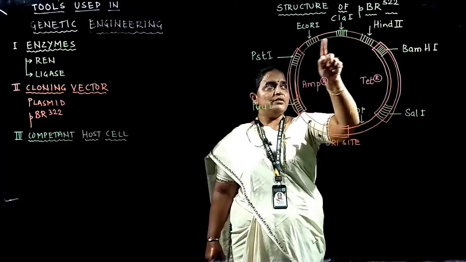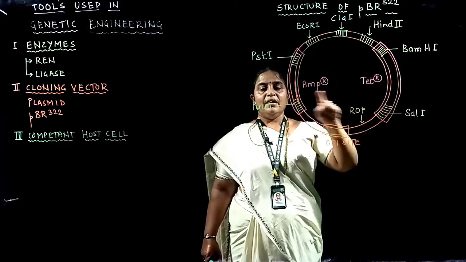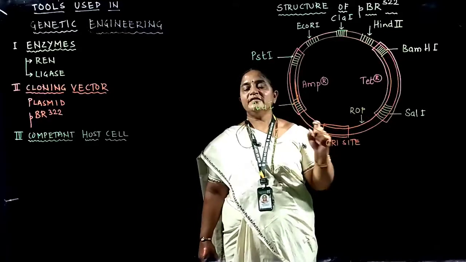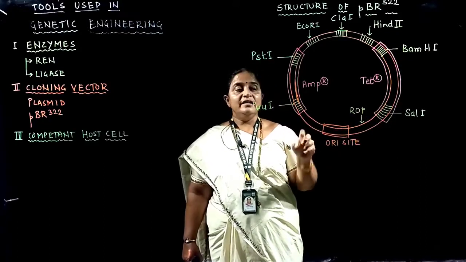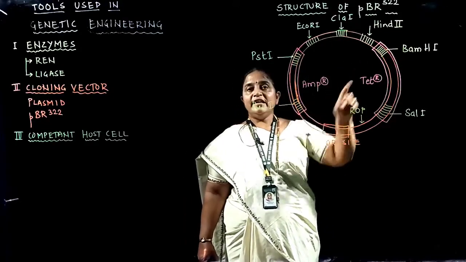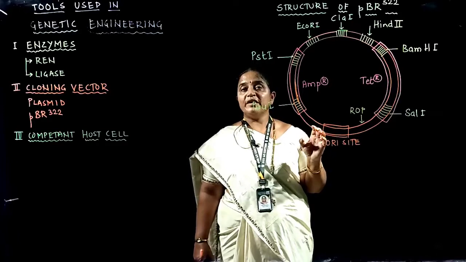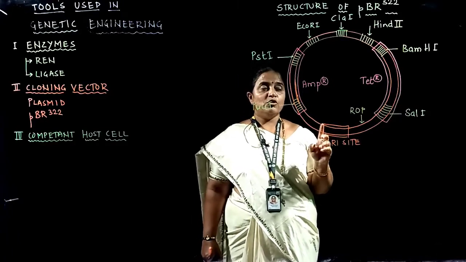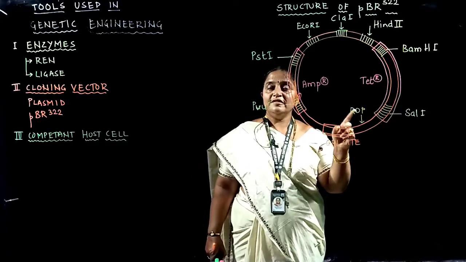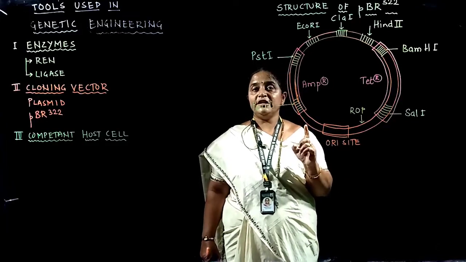So whatever I have shown in green color and these labelings, the labelings are of RENs, and these green lines indicate reverse repeats comprising 6 base pairs. So total 7 regions we can see in this PBR322.